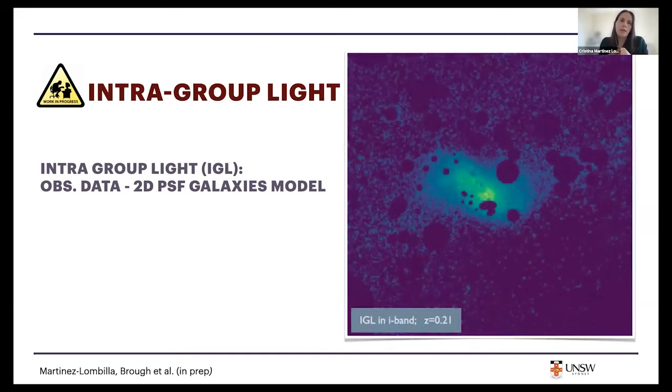Zooming in, it is clear how the IGL is spread around the group center and that the residuals from the galaxies are minimal. So now the next step is to analyze this IGL, and I'm going to show you just a very brief analysis we have already done.